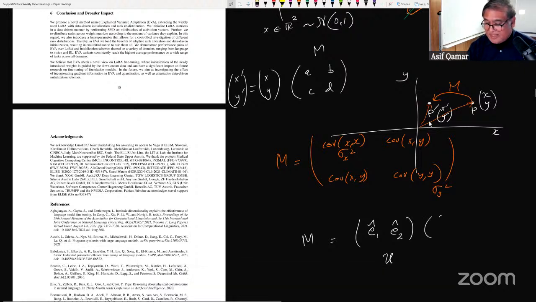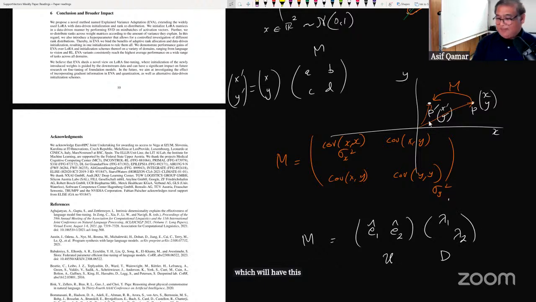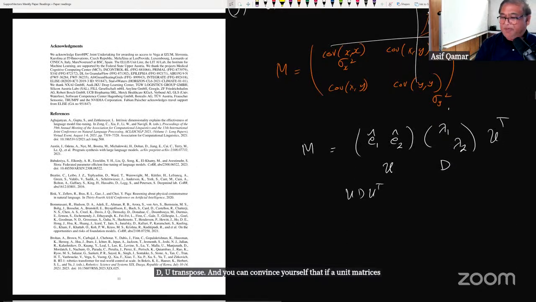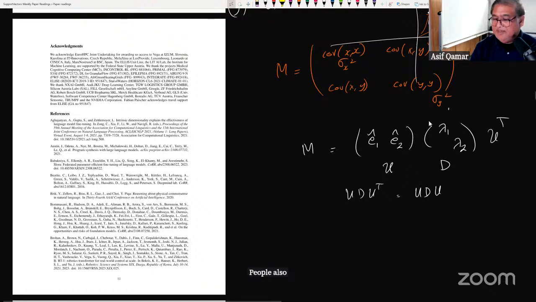Times a diagonal matrix D, which will have this structure, times the transpose of this, right? So it is U, D, U transpose. And you can convince yourself that for unit matrices, people also write it as U D U inverse, right?